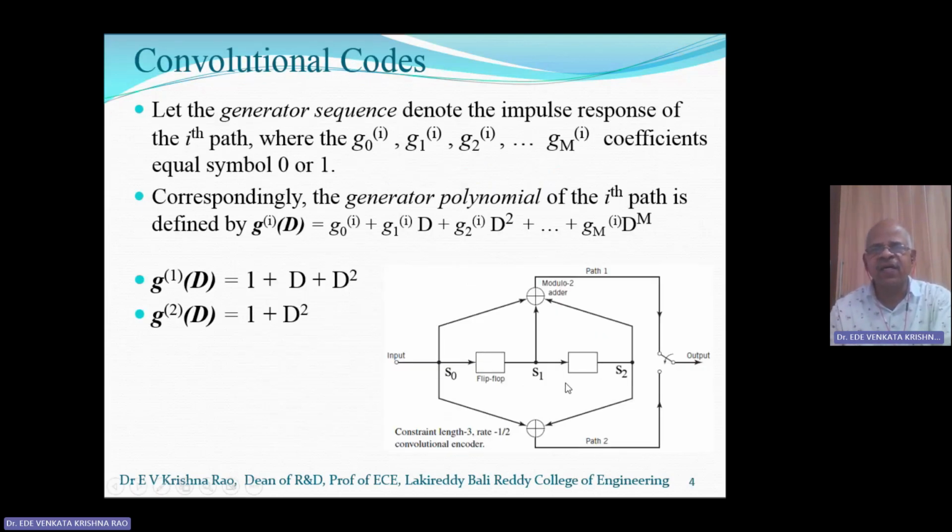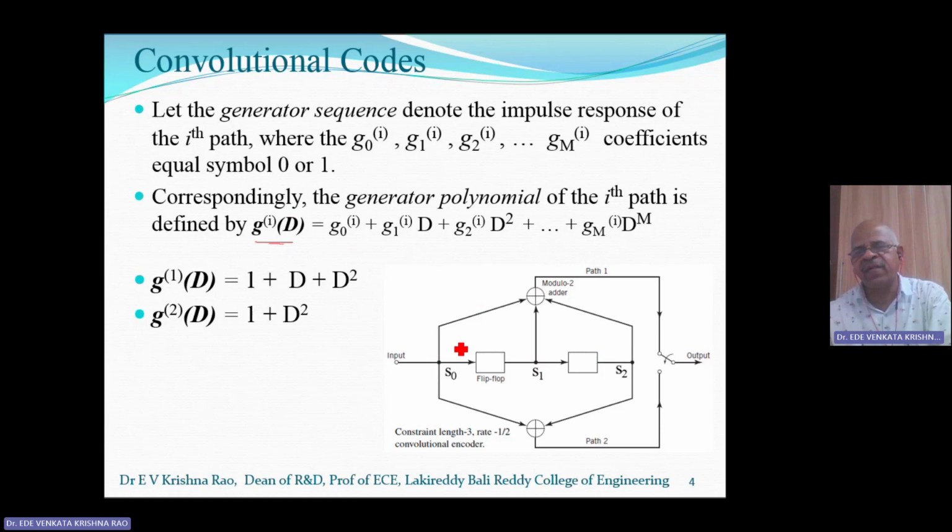We can consider the generator polynomial g_i(D) to generate the code word for every i-th path, i equal to 1 and i equal to 2. The polynomial is g0, g1, g2, and so on.